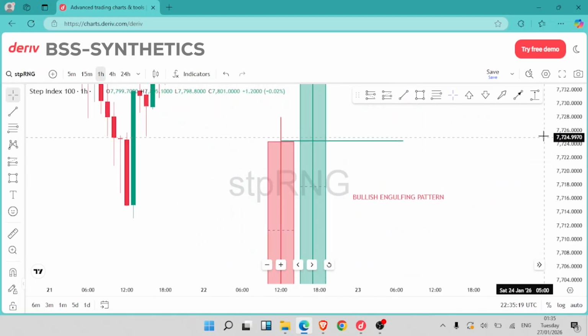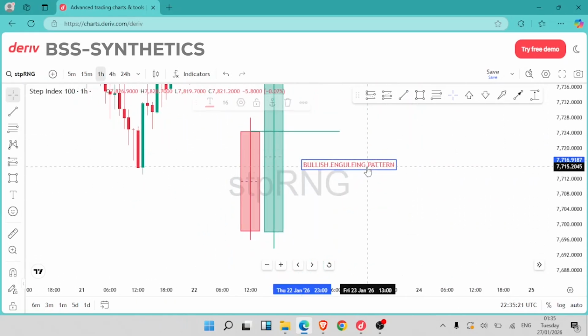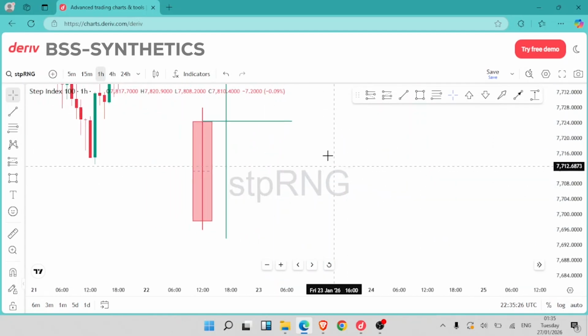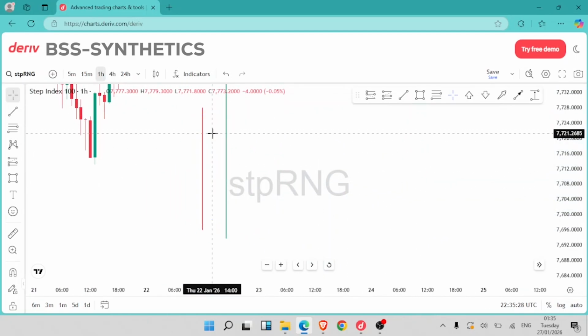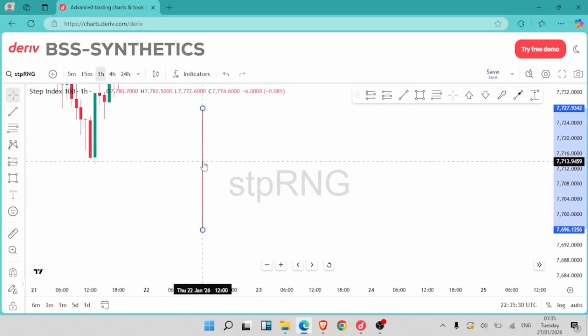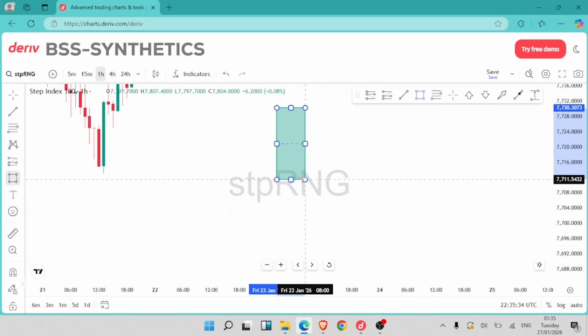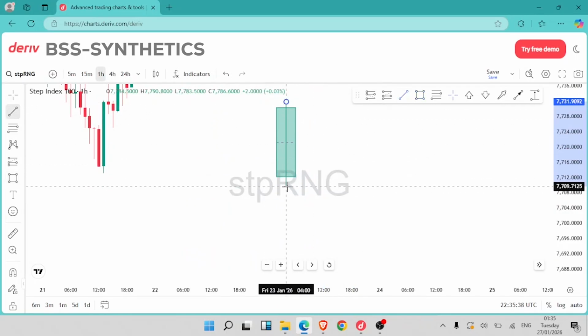Now the next thing is to show you a bearish engulfing pattern, which is just the opposite of this bullish engulfing pattern. A bearish engulfing pattern is when you have a bearish candle closing below the opening price of a previous bullish candle.